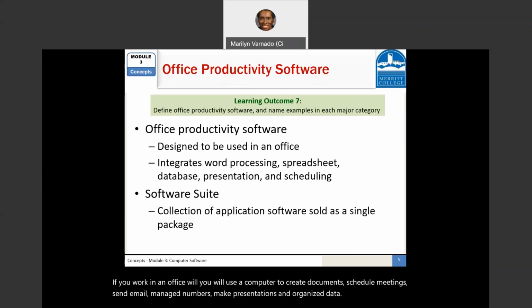Office productivity software, also called productivity software, is generally defined as the software that allows you to be productive in an office setting. It integrates these major software categories: word processing, spreadsheet, presentation, database, and scheduling.